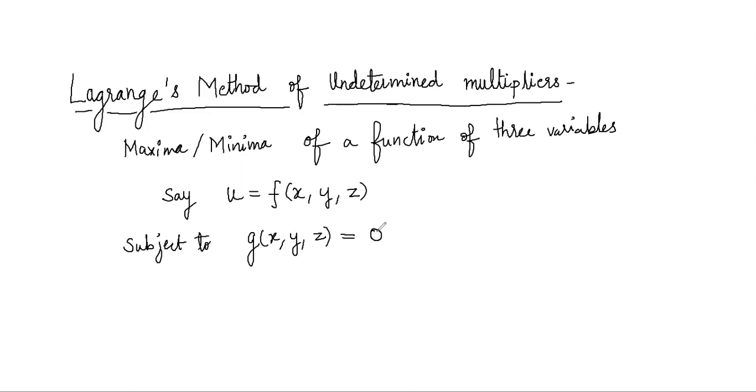Let us name this relation which is given between x, y, and z as equation number 1. So what is our working rule?